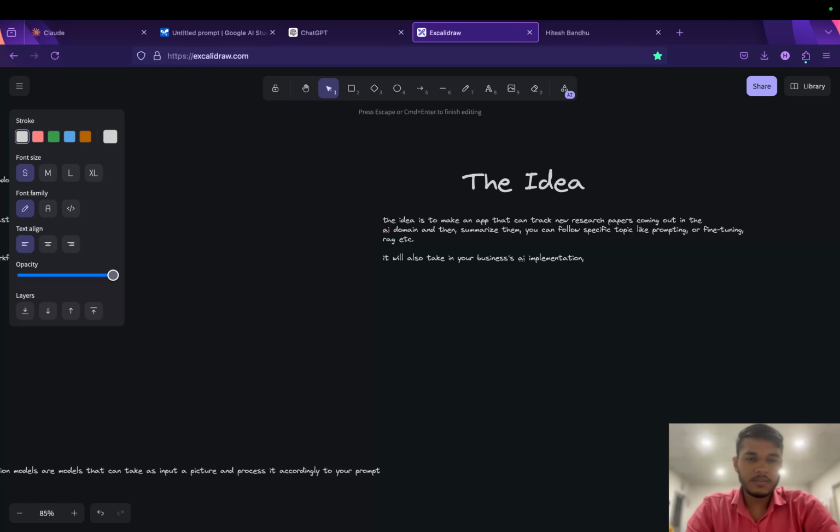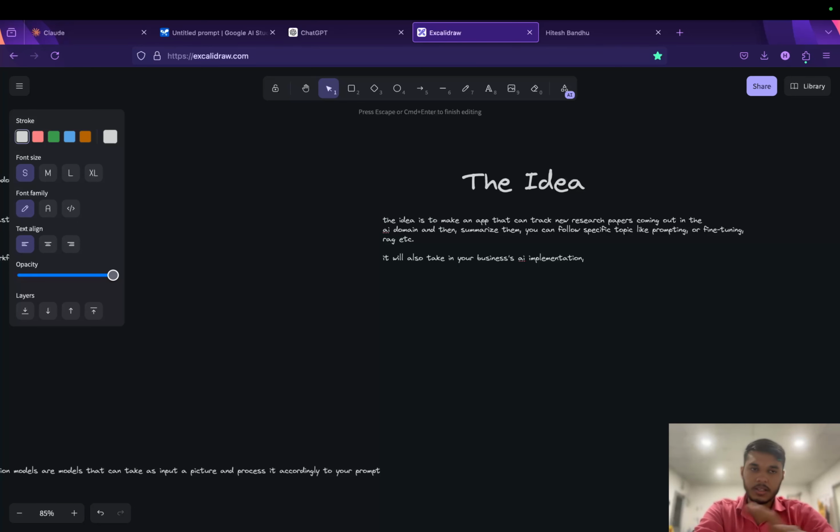Maybe in the future it won't take your business AI implementation and then give you a review. It will directly tell you, okay, if you are using this, you can follow that. If I am using this, I have to do it better. The idea can change, but the core of using AI and generating all of that will remain the same. You can track new research papers and summarize them.